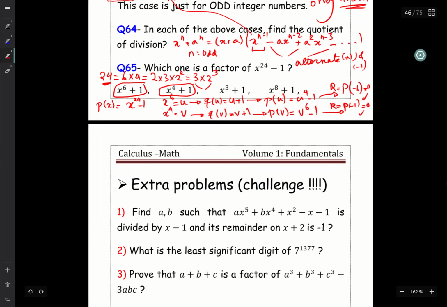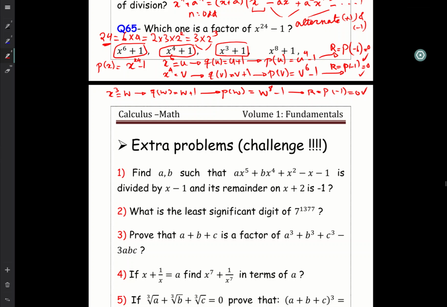How about x cubed? In order to do that, let's define x cubed as w. Therefore, q of w is w plus 1, and p of w is w^8 minus 1. And the remainder then becomes p of negative 1, and it's also 0. So x^3 plus 1 is also a factor of x^24 minus 1.